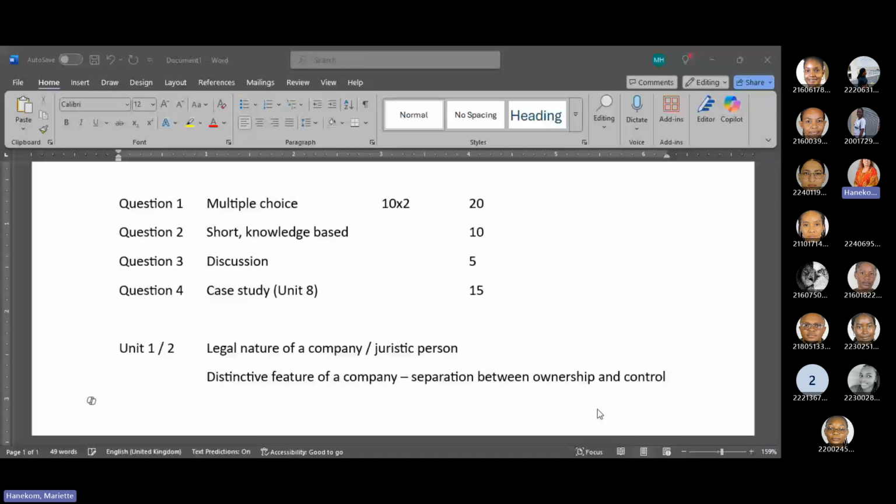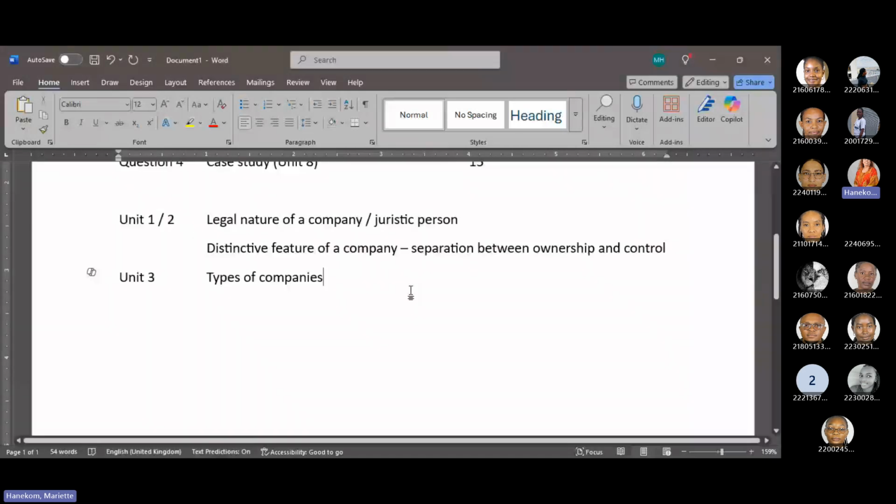Your different types of companies, companies with shareholding, public companies, private companies, non-profits. You need to know the difference between these types of companies.